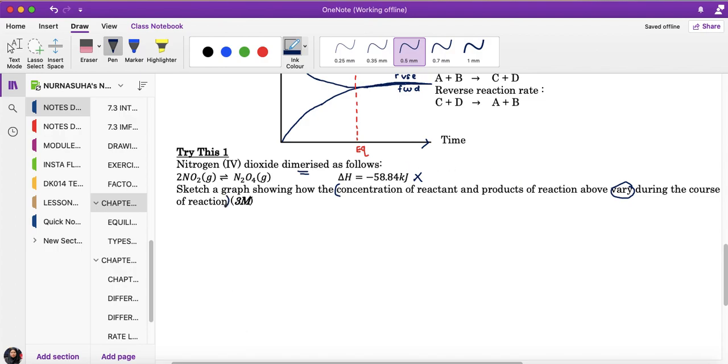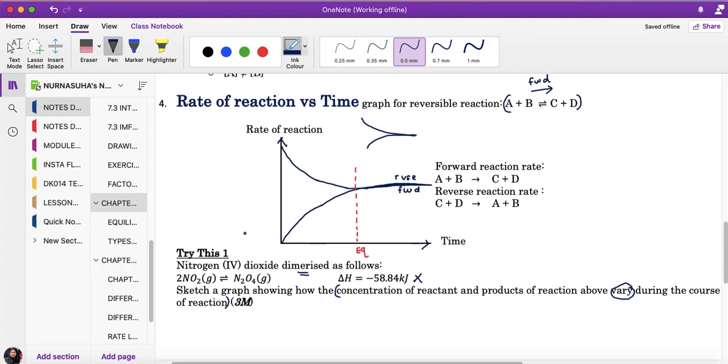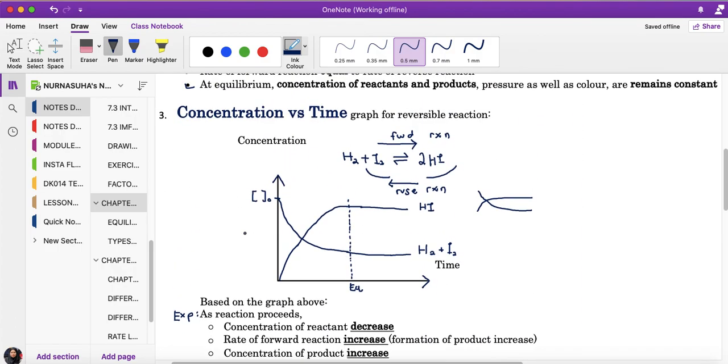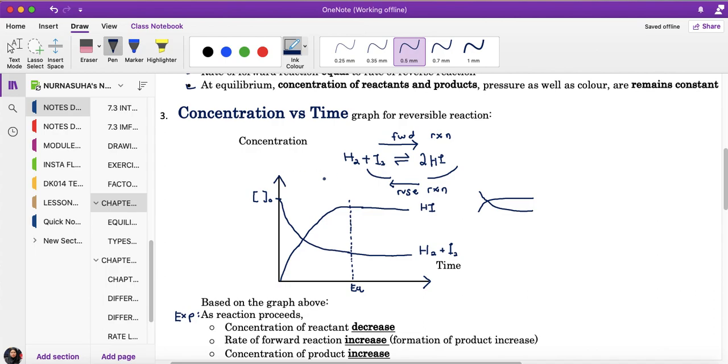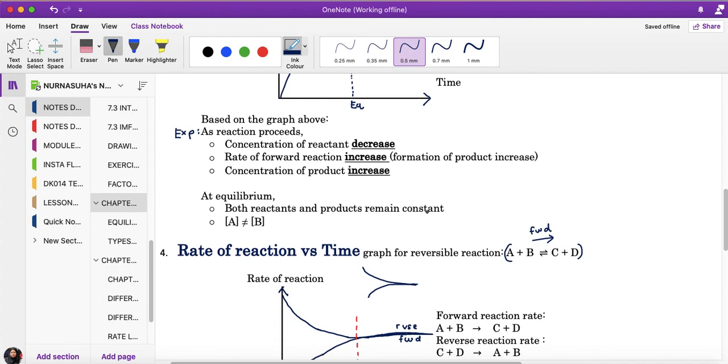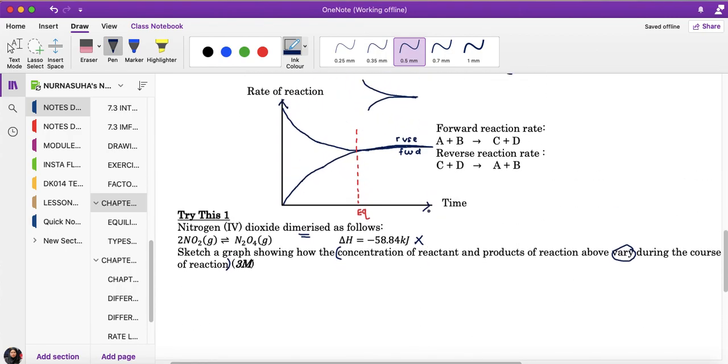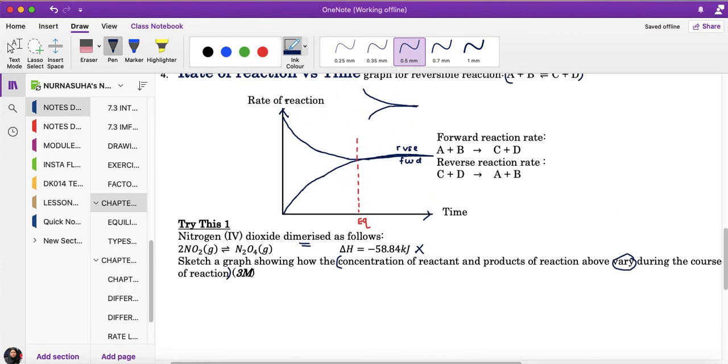Okay, maksudnya dia suruh awak tunjukkan perubahan concentration of reactant and product over time. So ada 3 markah. So graf yang awak akan guna adalah graf yang pertama tadi, this one. Sebab this is graph of concentration versus time. Soalan nak concentration, jangan pula you guys ambil rate of reaction.